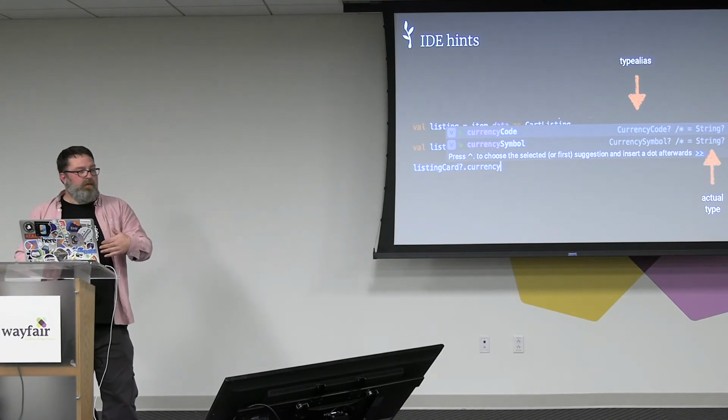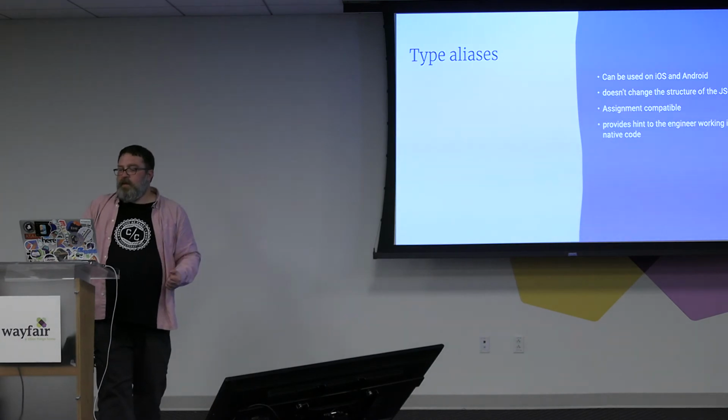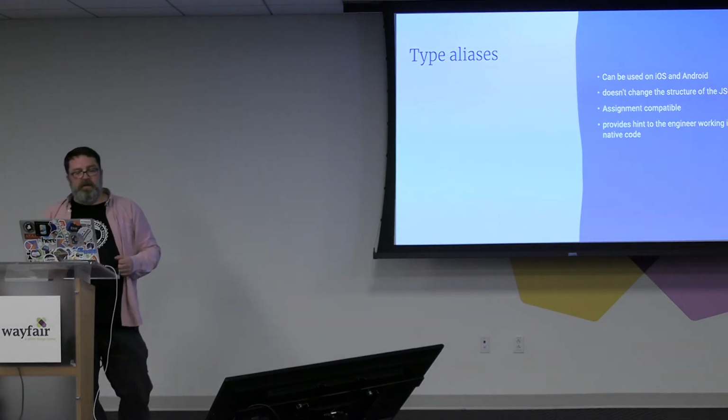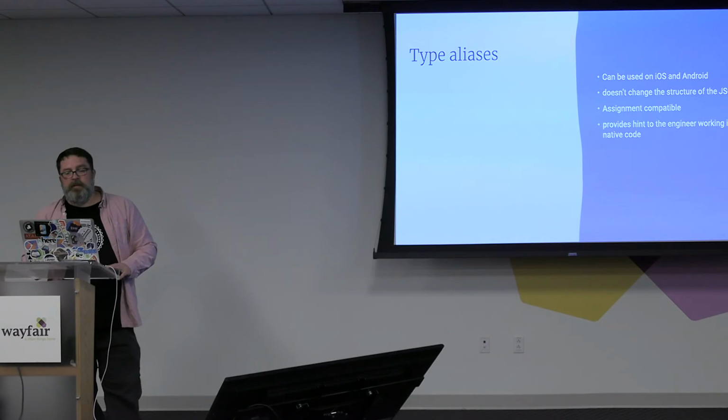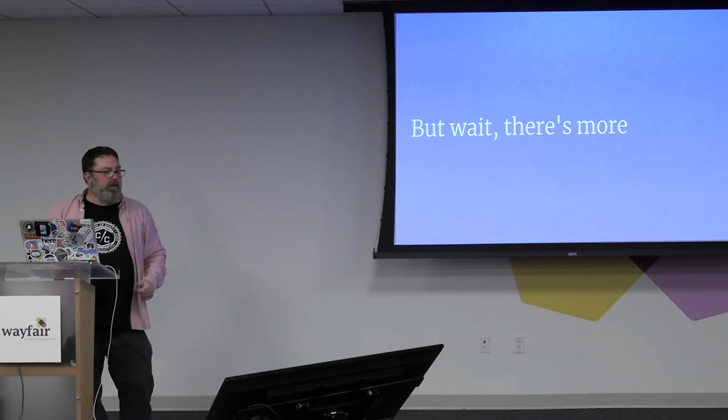It doesn't change the actual code we're writing on the client, but it gives us that little bit of information to know that maybe we didn't have to strip all the HTML characters. So they can be used on iOS and Android. It doesn't change the structure of JSON, it's assignment compatible, and it provides a hint to the engineer working in native code. But wait, there's more.